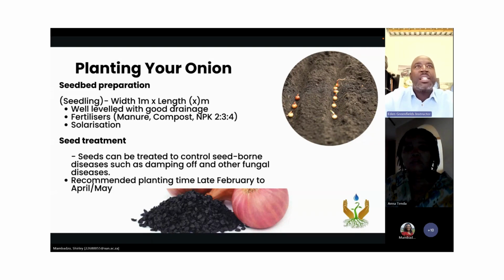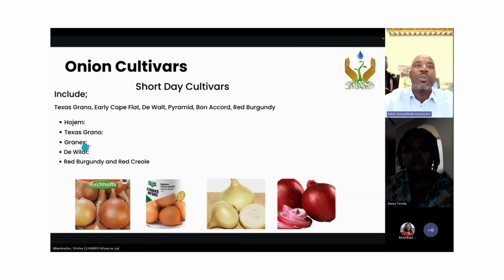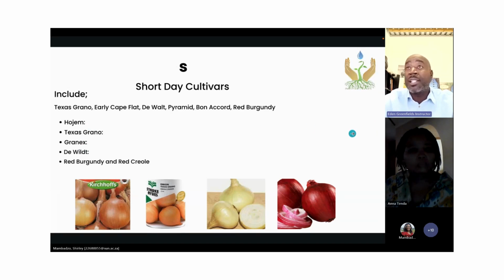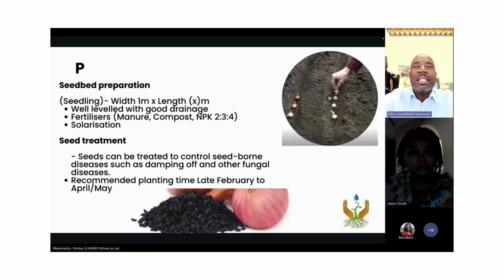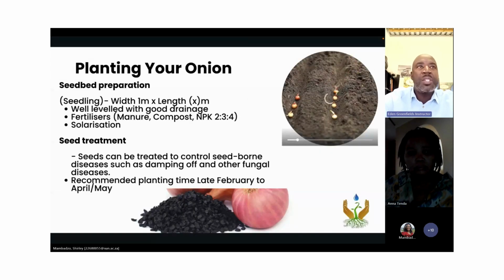Then the other process that you need to do before you plant is a process that we call solarization. Solarization is a process whereby you are going to cover your bed, and we are going to look at that slide and I'll explain more. And then we have seed treatment. Sometimes some seeds might need treatment before being planted.